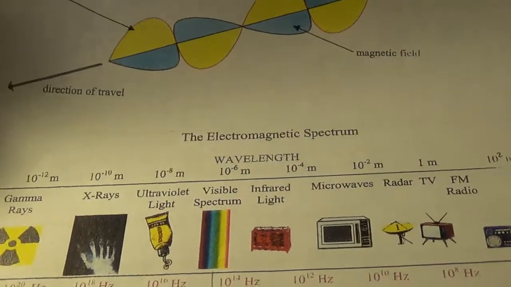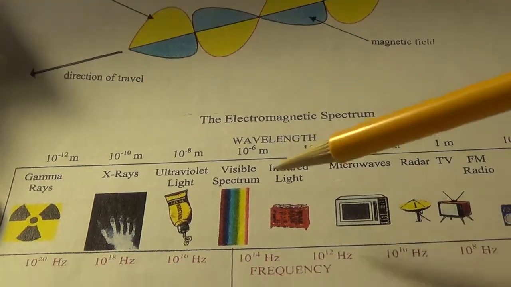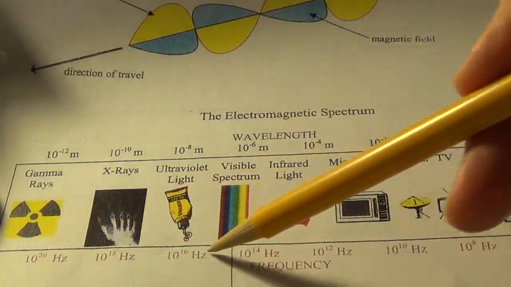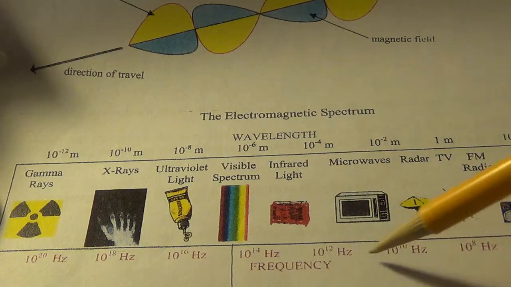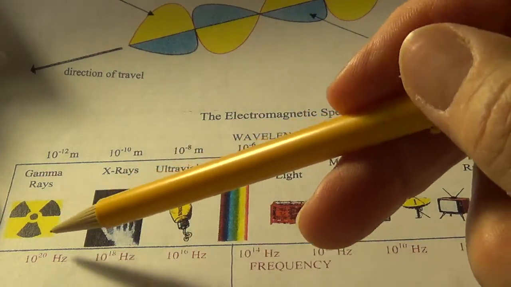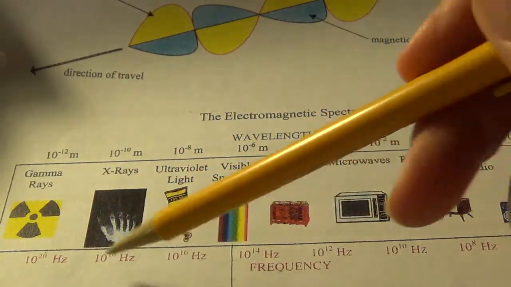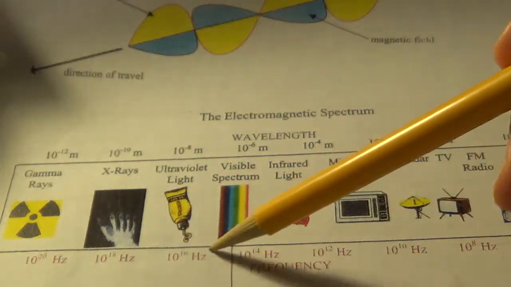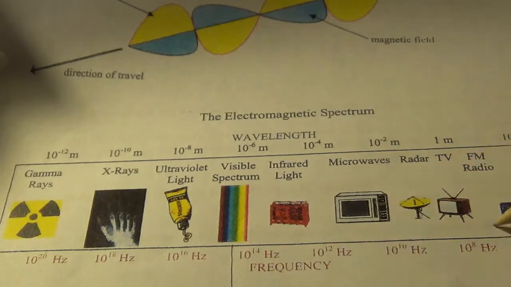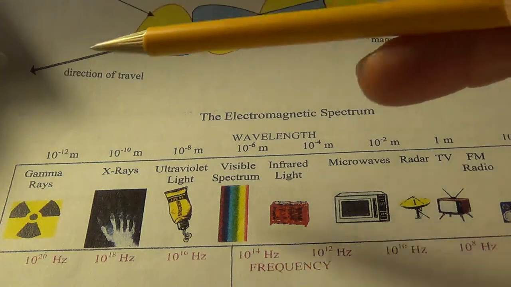And you can see here all the different types of waves, and here are their frequencies down here in hertz. So we have 10 to the 20, and we go, that's a very high frequency. Then we go down to 10 to the 6th. So that's a lower relative frequency.